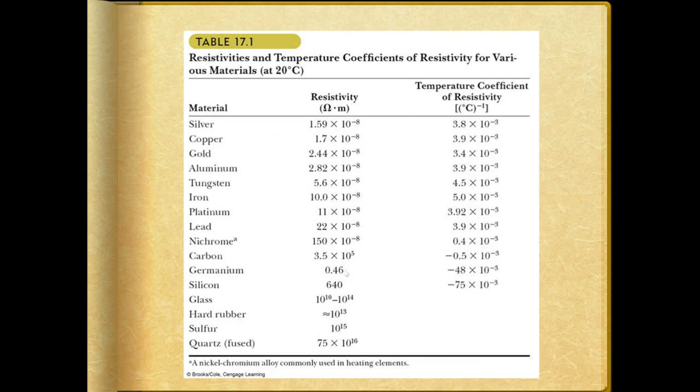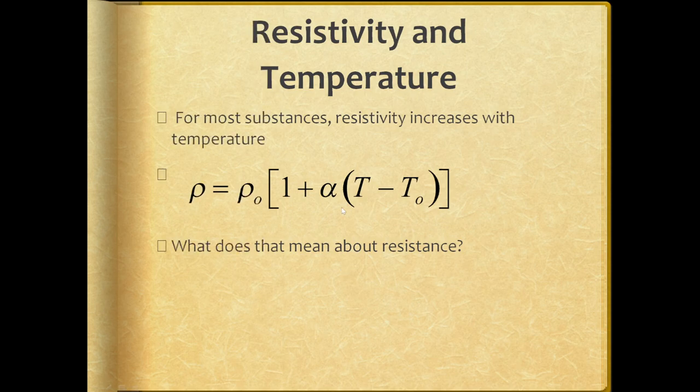In order to change that value to be correct for the current temperature, we have a separate formula here. Current resistivity constant equals baseline resistivity constant times open bracket 1 plus temperature coefficient times the difference in temperature from the baseline, close parentheses, close bracket. It looks kind of funky. I'm going to step through what each part means and represents for us.